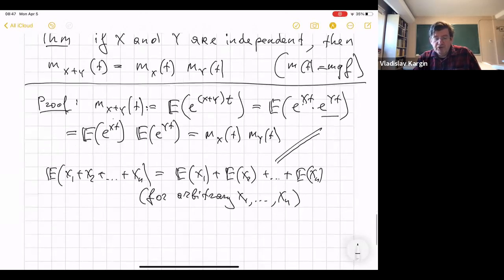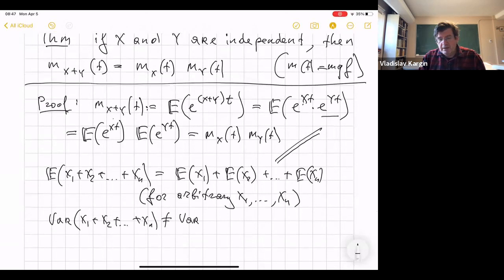But in general, it's not true for the variance. The variance of x1 plus x2 plus so on plus xn is, in general, not equal to the variance of x1 plus the variance of x2 plus so on plus the variance of xn.